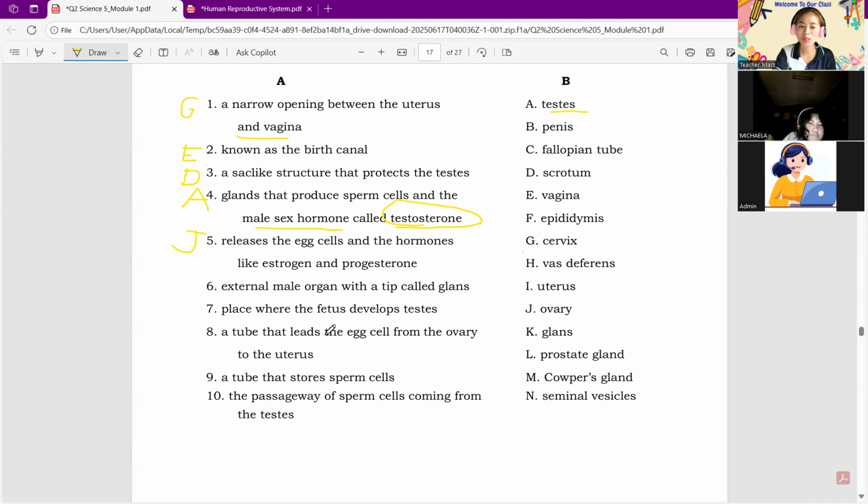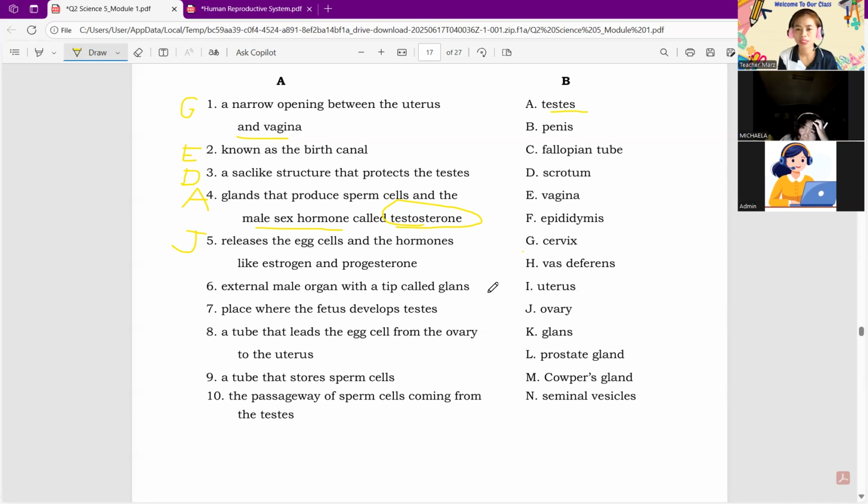All right. So how about number 6? It is the external male organ with a tip called glans. What do you think? External male organ. Or it is also the part that deposits the sperms to the vagina.